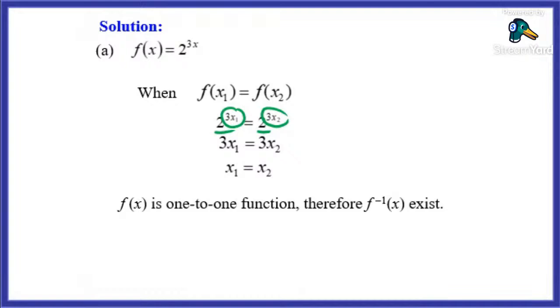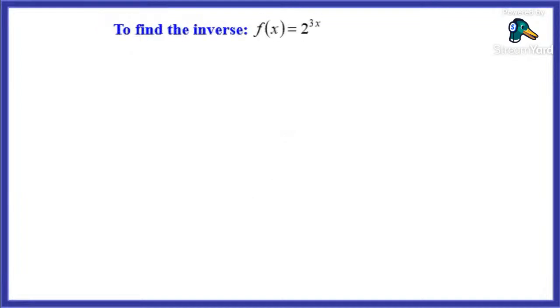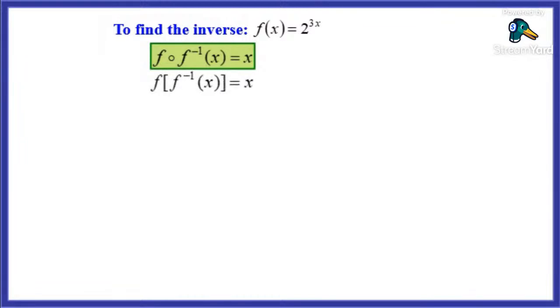Lepas tu apa kita nak buat? Cari f inverse. Soalan seterusnya adalah mencari f inverse. So nak cari f inverse, kita gunakan properties f of f inverse equal to x. Okay, so f of f inverse equal to x, kita gantikan x dengan f inverse. So dia akan jadi 2 kuasa 3 f inverse sama dengan x.